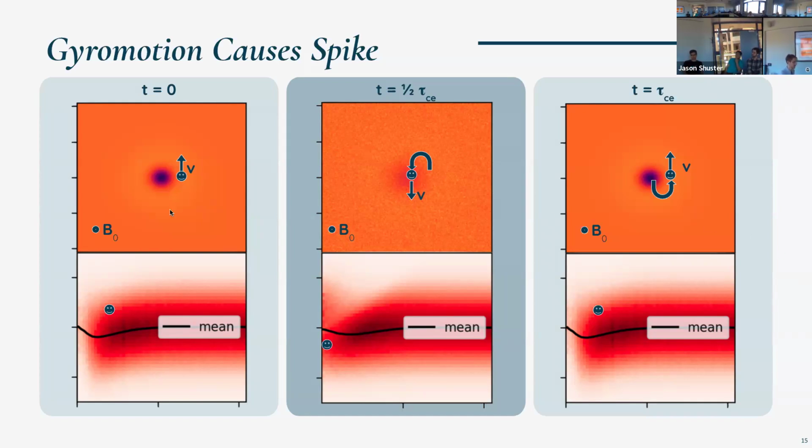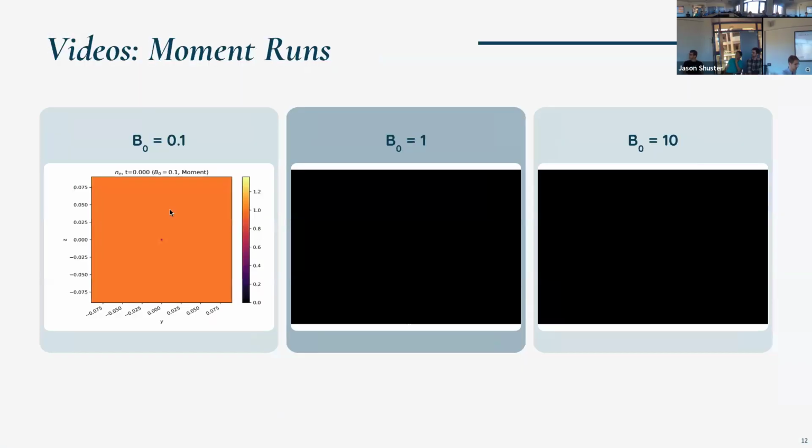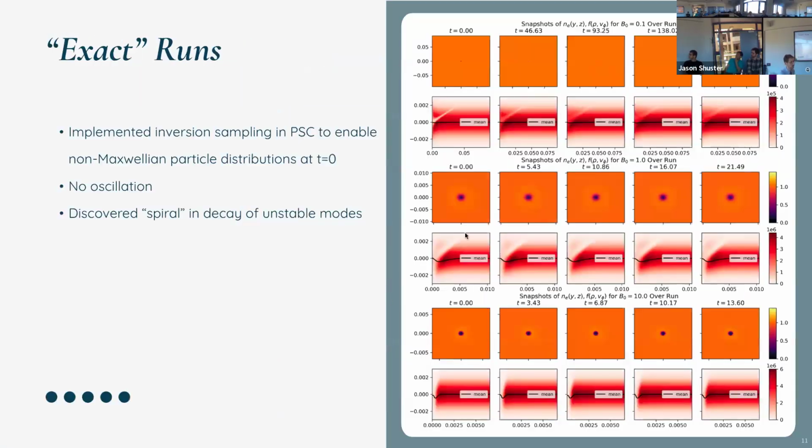In these simulations, the length scale here is in electron skin depths, and this 0.005 corresponds to 5 Debye lengths. So these are on the order of Debye lengths, very much smaller than the electron skin depth. Thank you.